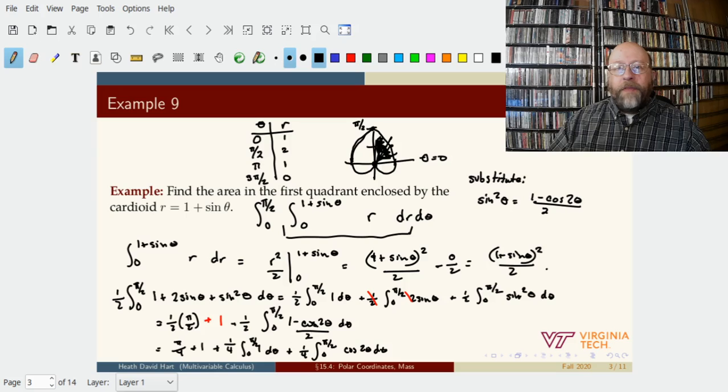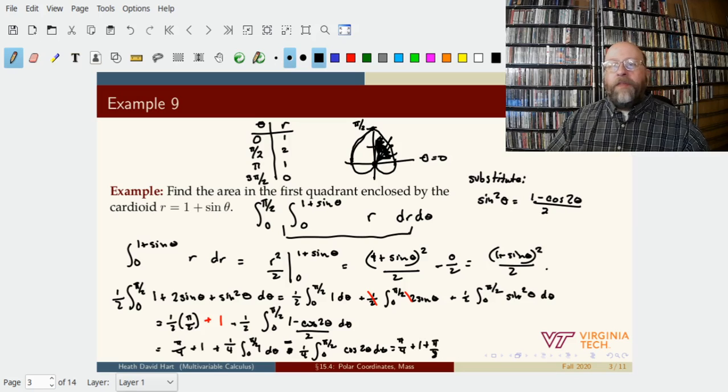And that should be a minus sign because this is a minus sign. This integral, again, is easy because we're just integrating 1, and we get 1/4 times pi over 2, which is pi over 8. So now we have pi over 4 plus 1 plus pi over 8.